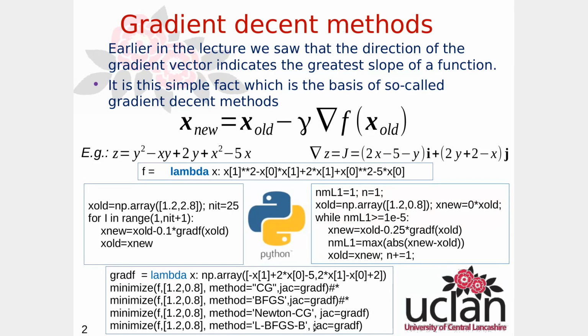An alternative and much more efficient way of computing these for any function whatsoever are the lines below, where here I've used the conjugate gradient method and a couple of algorithms, Newton's conjugate gradient method, which is a variation on a theme, and the Broyden-Fletcher-Goldfarb-Shanno method.